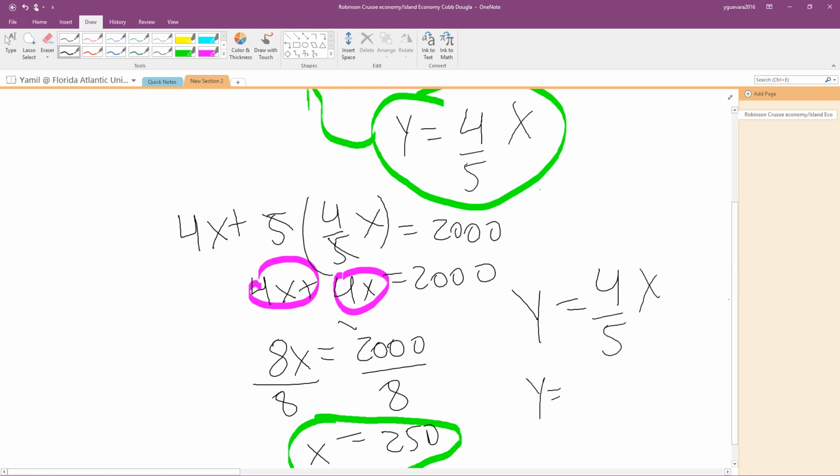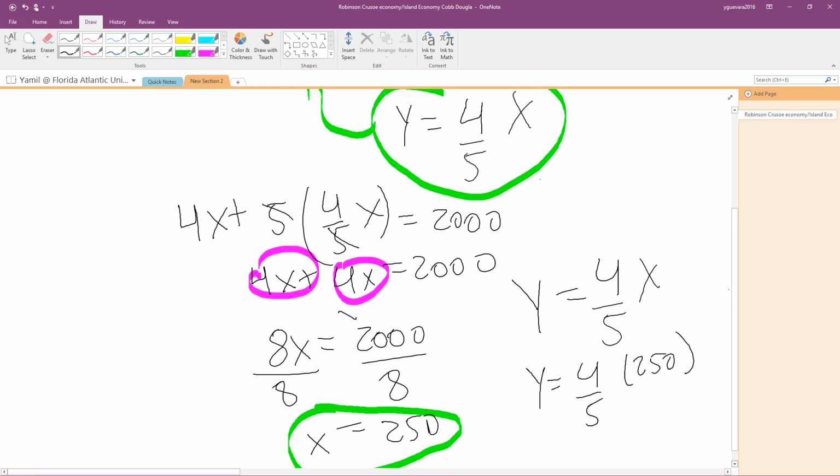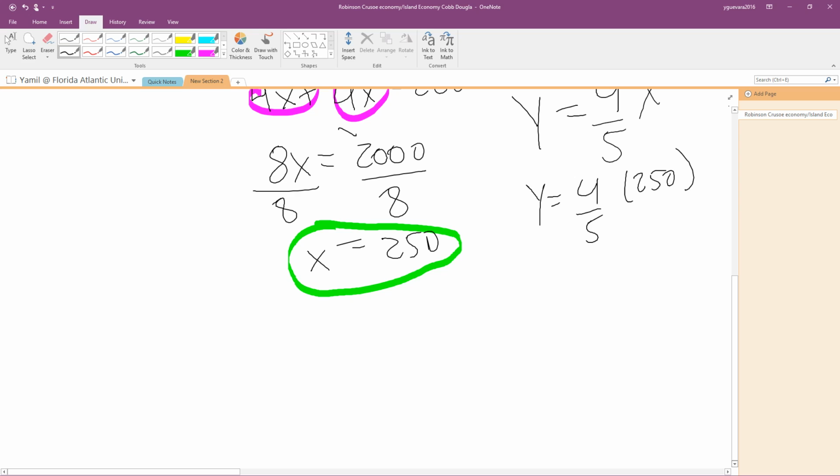Okay. So let me scroll down so I can get more space here to solve this problem. So 5 goes once and it goes to 50. So y equals 4 times 50.